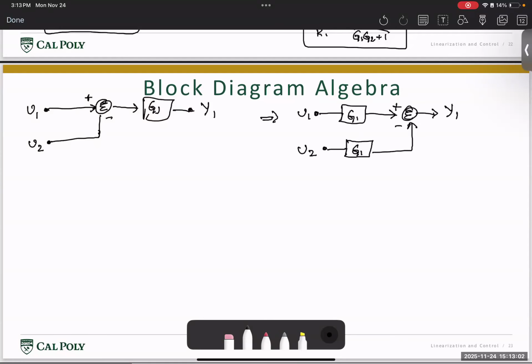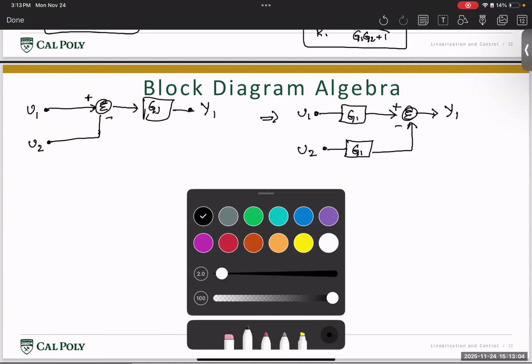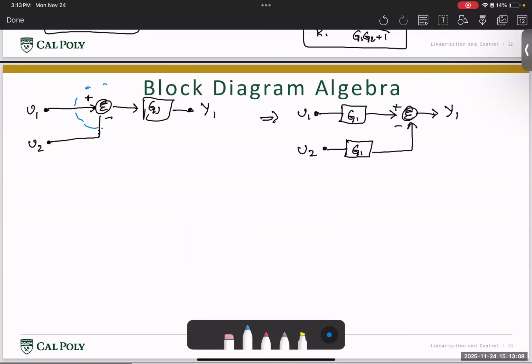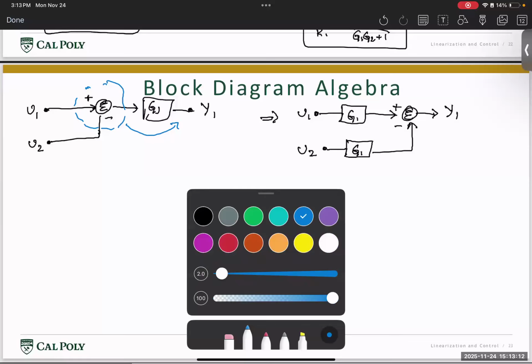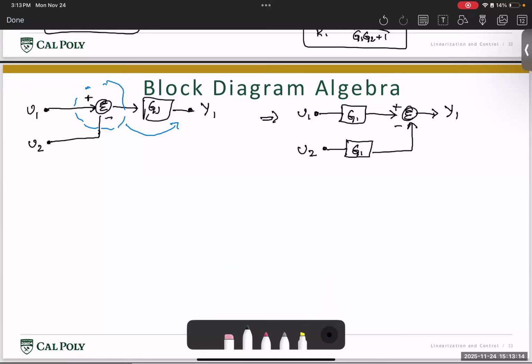So here I'm basically taking this summation block and moving it to a point after the gain. Then in such a case, the block diagram gets simplified by this. Let's make sure that this is still valid.